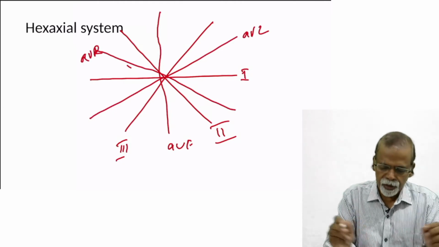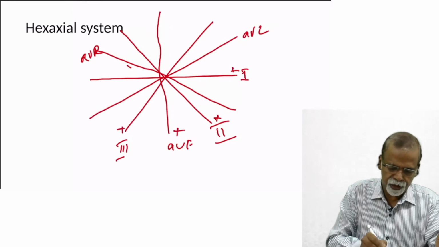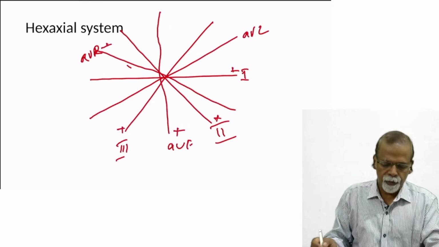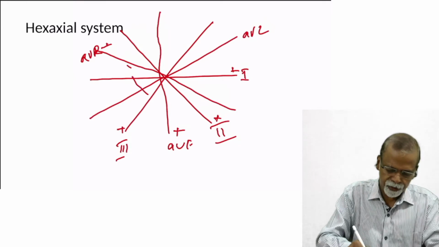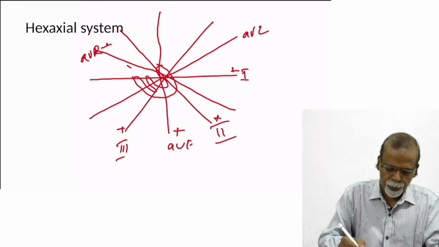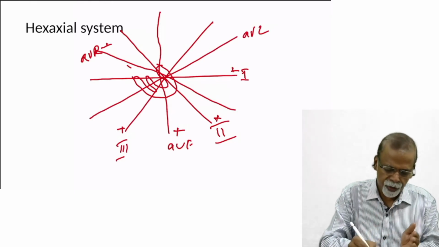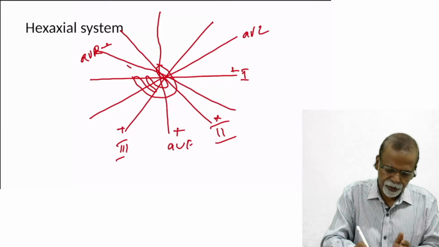So I will mark the positive ends of the leads. This is lead 1 positive, lead 2 positive, AVF positive, lead 3 positive, AVR positive. And remember, the heart is in the center. Initially, the septum is depolarized from left to right.